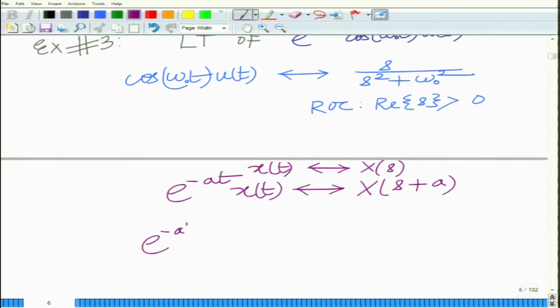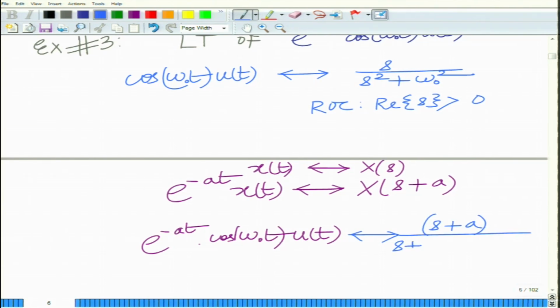Therefore, e raised to minus a t cosine omega naught t u(t) will naturally have the Laplace transform, that is, replace s by s plus a, (s plus a) divided by (s plus a) whole square plus omega naught square.